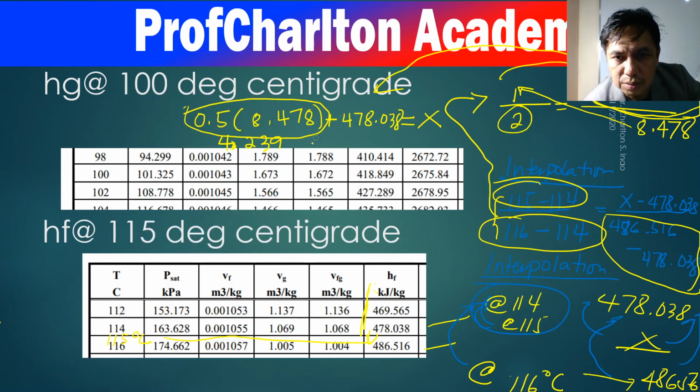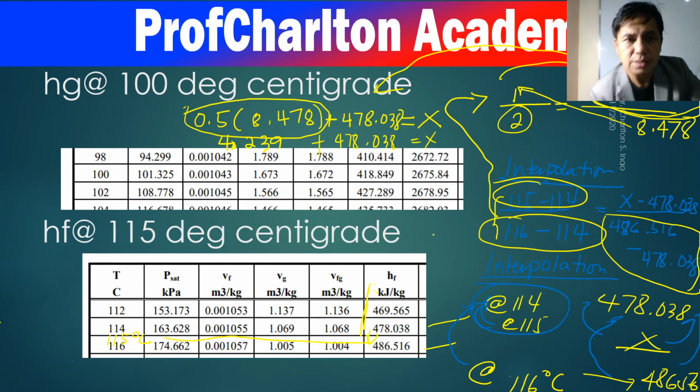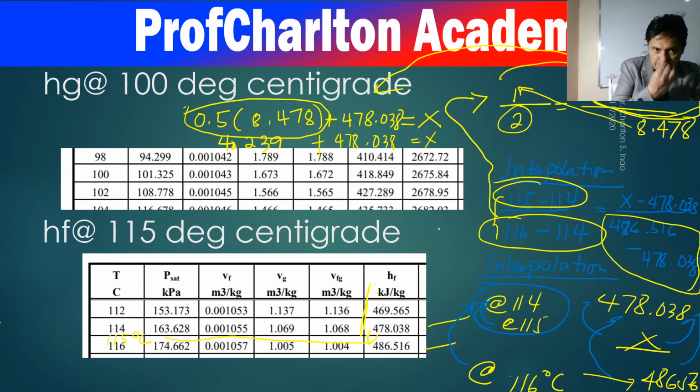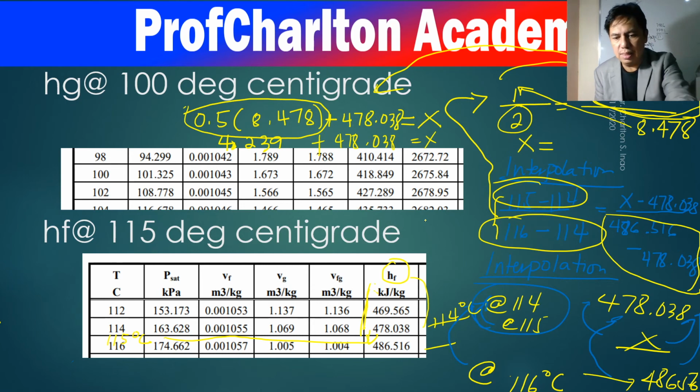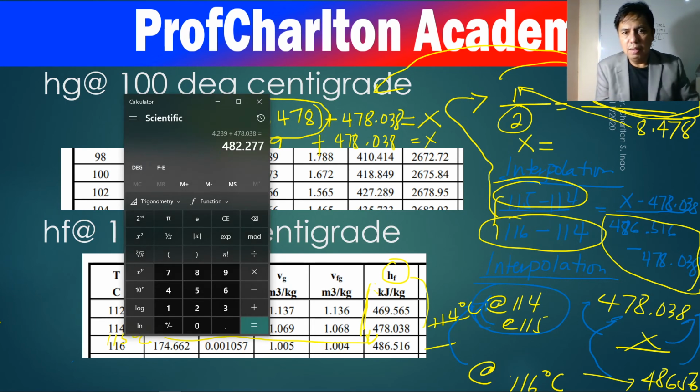Also, we add this plus 478.038 equals x. So now the x, the enthalpy of fluid at 114 degrees centigrade, is nothing but 482.28.